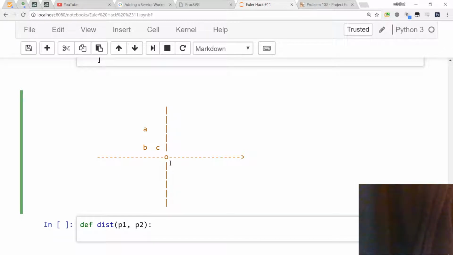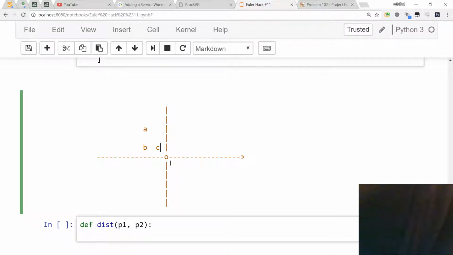Maybe we're missing a case where a triangle is. Okay, so let's take this one. We can also try something like this. No. But the distance from here to here is shorter.